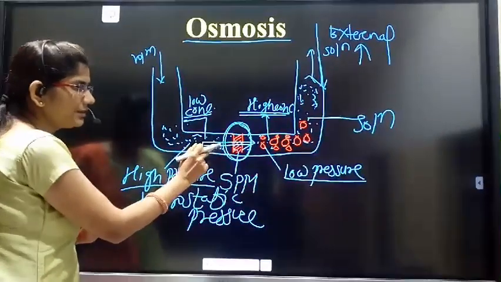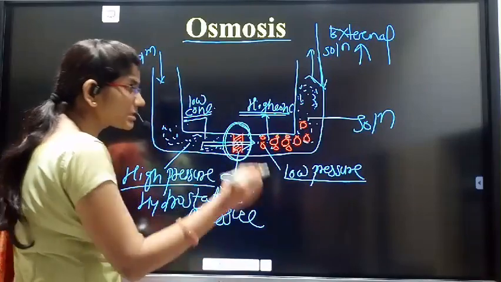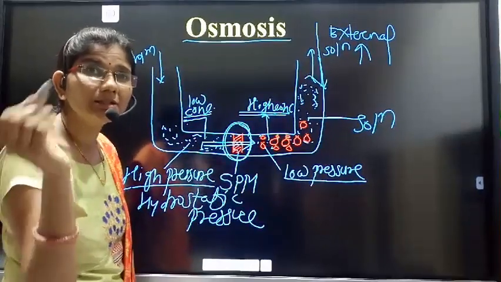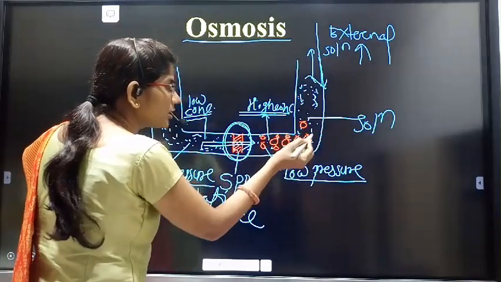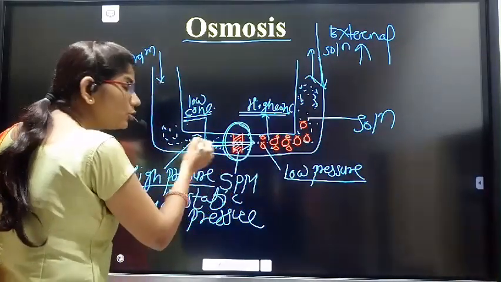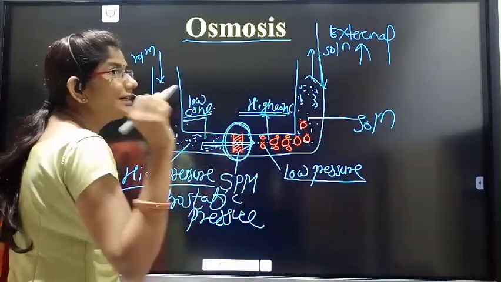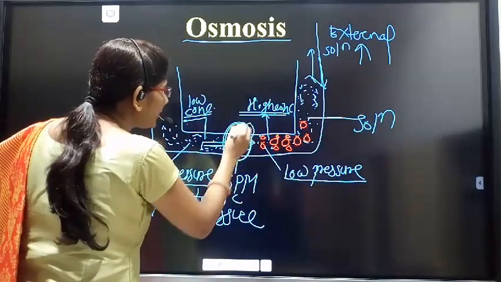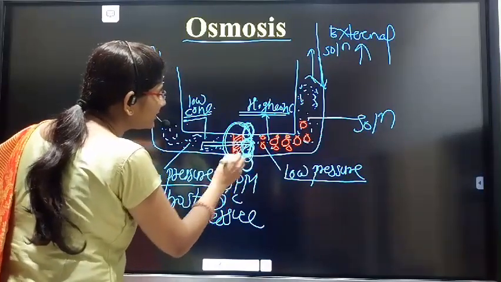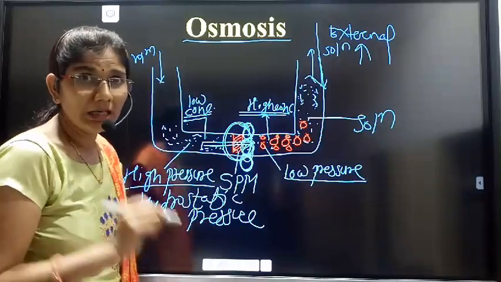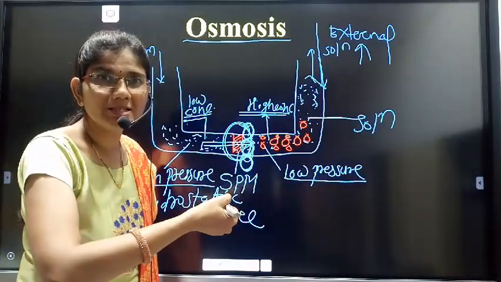It is not produced by the solution, but when only the solvent molecules from this solution pass through the semi-permeable membrane, the solute particles present here bombard this semi-permeable membrane, because this is the membrane which allows only solvent molecules to pass through.